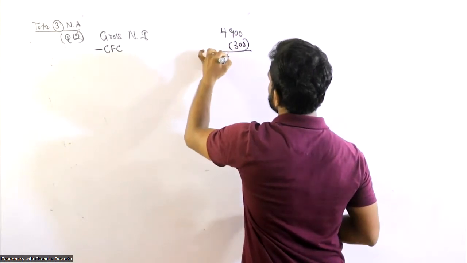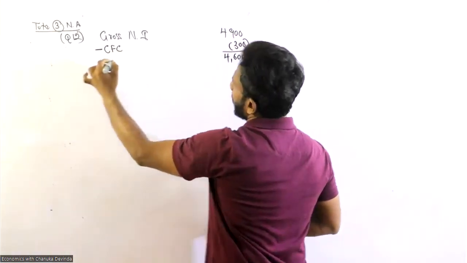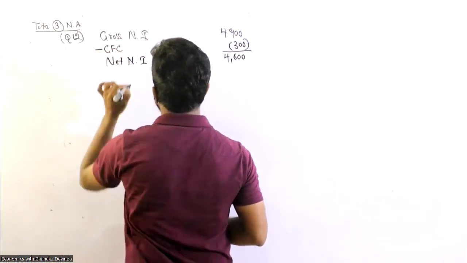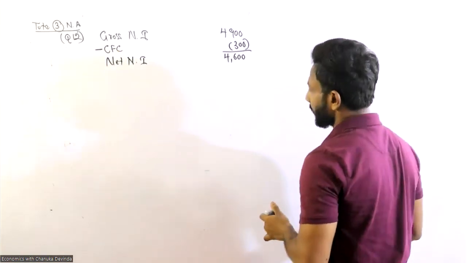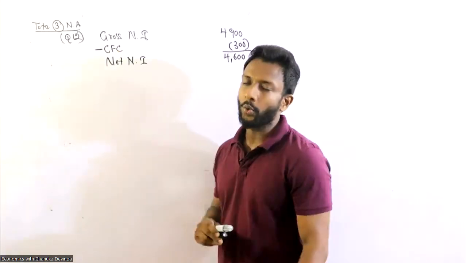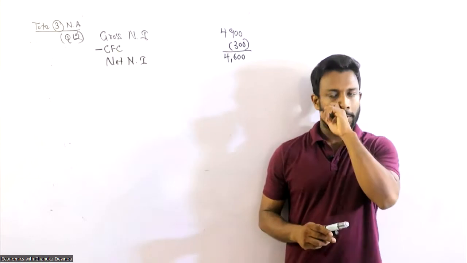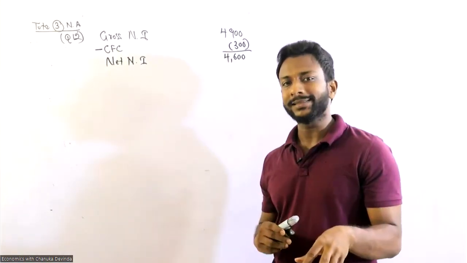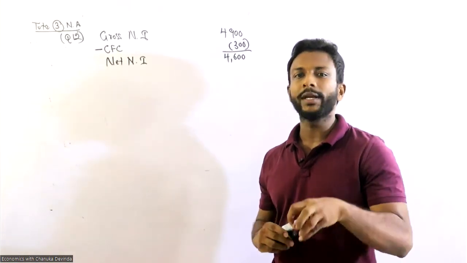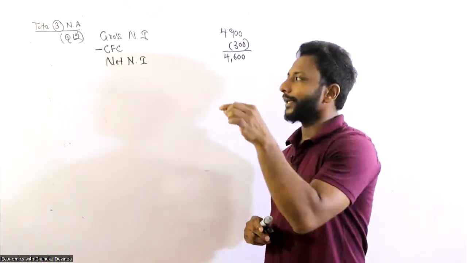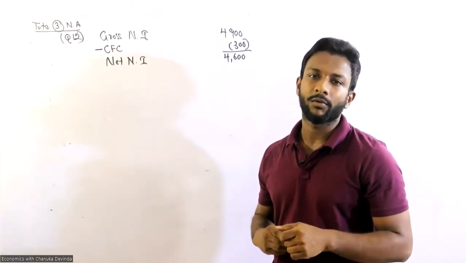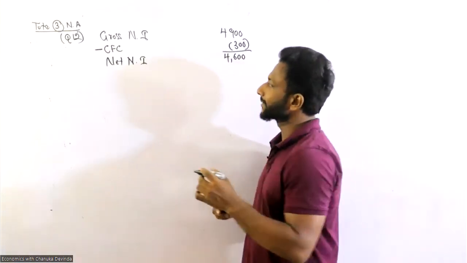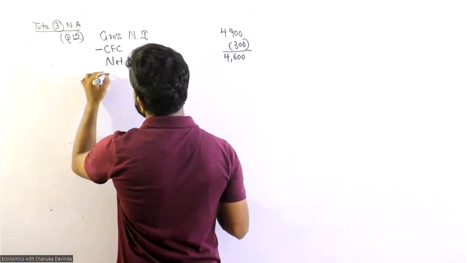So 4,600. It is NNI, net national income. Now we can transfer this to which income? Household income, by removing elements which is not including household income but including national income. What are those elements? First one, net tax, all the net tax, right?